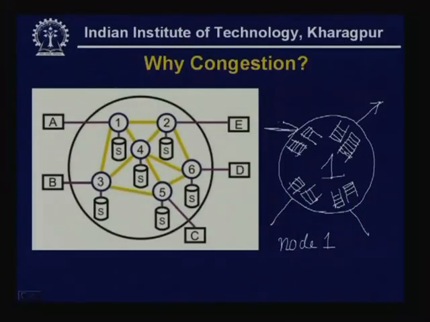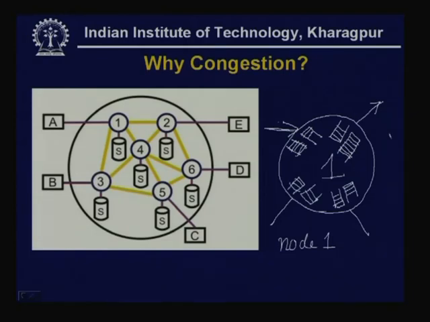As a consequence, delay increases significantly, and whenever delay increases significantly, the source node, after waiting for some time, does not get an acknowledgement. As a consequence, it retransmits the same packet, which in turn also increases the load of the network. So these 2 things happen, and as a result, whenever the packets do not get delivered and delay increases to a large extent, then we say that congestion occurs.